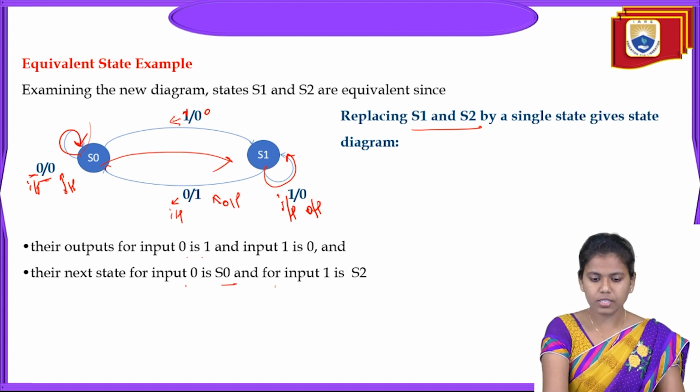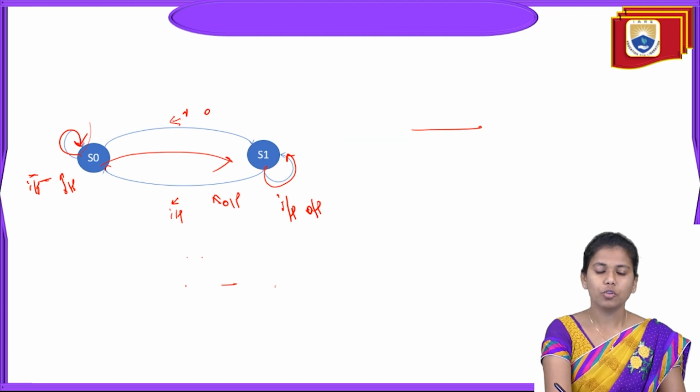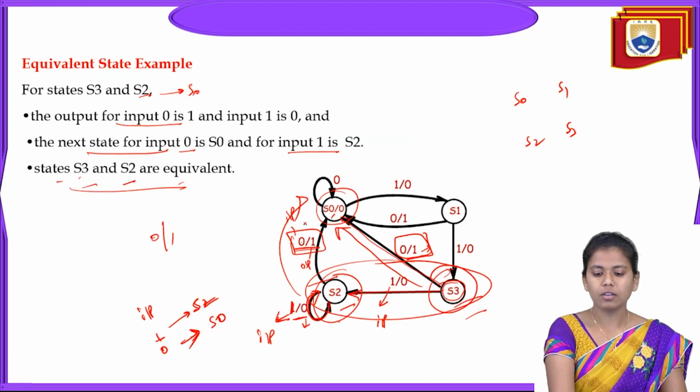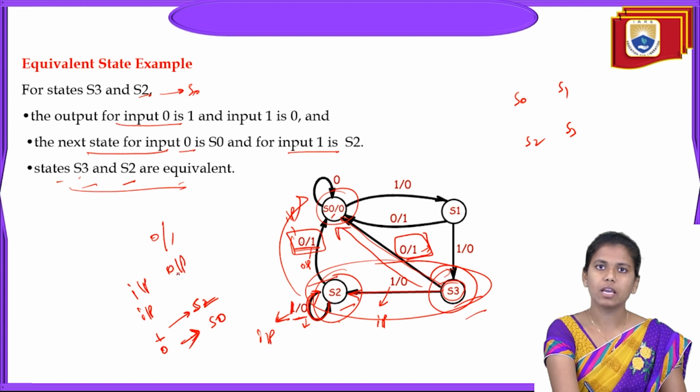So this is about the equivalent state. From the exam point of view, if you get any question regarding equivalent circuits, you have to draw the diagram based on the truth table and see the possibilities based on the input as well as the output.